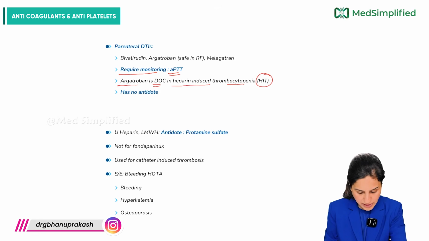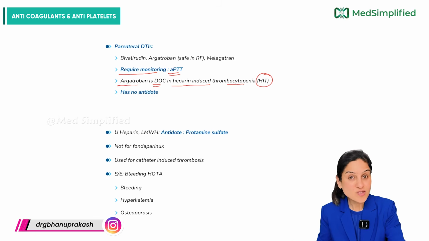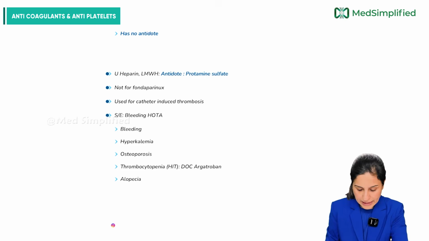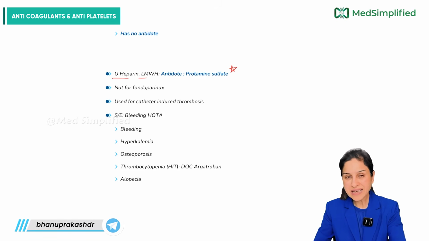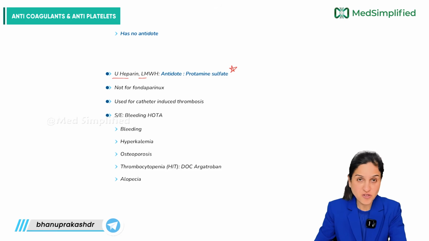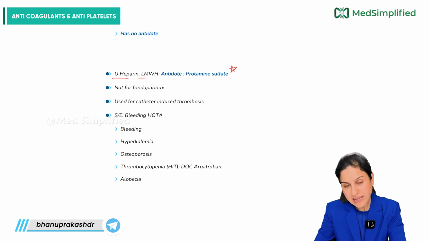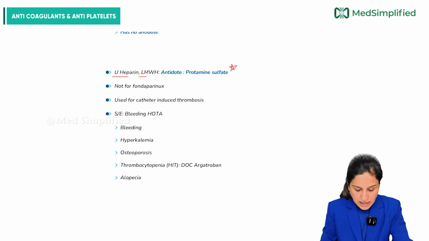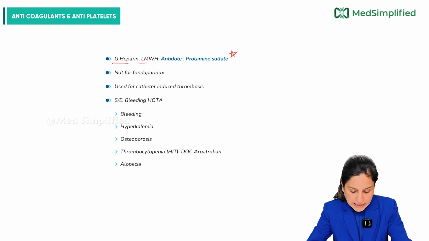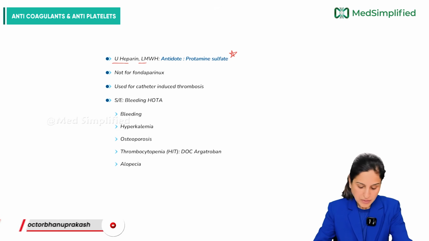That is argatroban. But argatroban has no antidote as such. The antidote for heparin is protamine sulfate, another very important question. But remember, it does not reverse the actions of fondaparinux; it is only for heparin and low molecular weight heparin, and more specific for heparin. These are used for catheter-induced thrombosis.